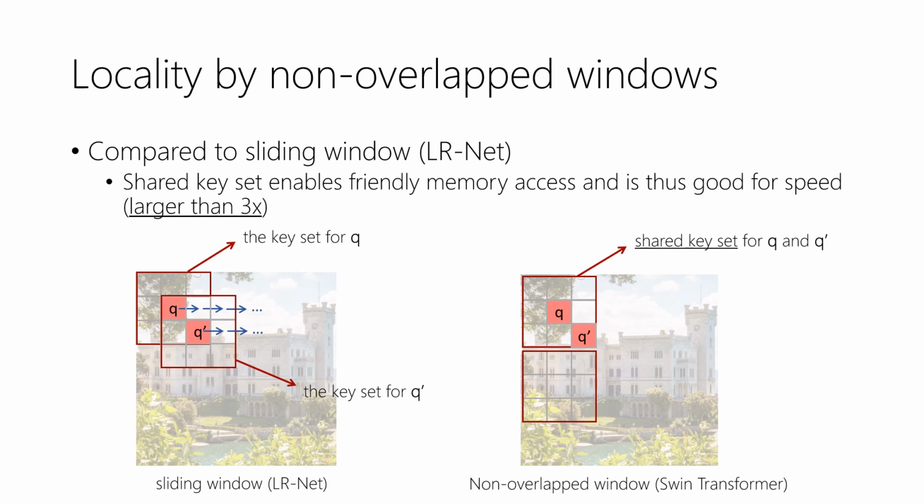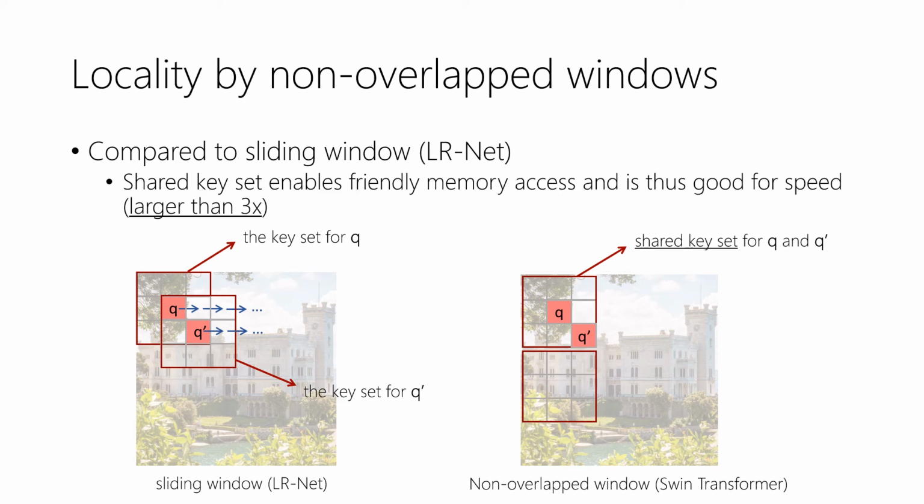An important feature of our locality is that the windows are non-overlapped. This design ensures our fast speed in real computation, particularly when compared to the traditional sliding window approach. Please see this illustration. The left figure shows the locality by sliding window. As we discussed before, different queries have different key sets, which is unfriendly to memory access, and the real speed is thus not good.